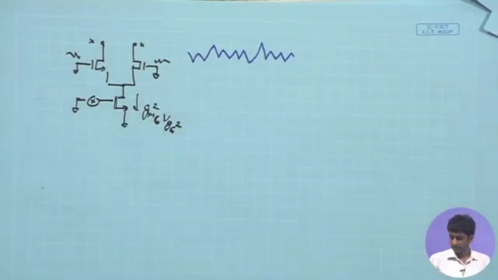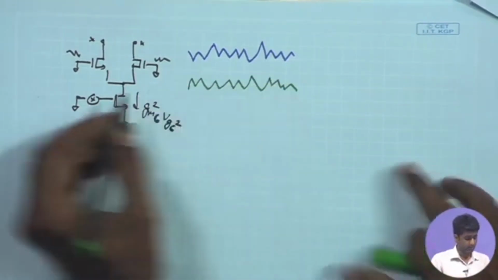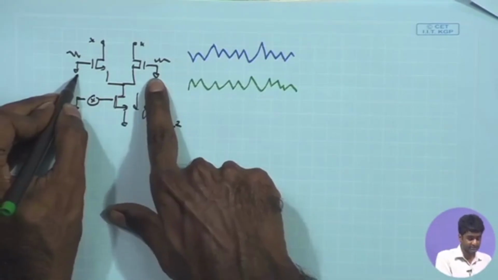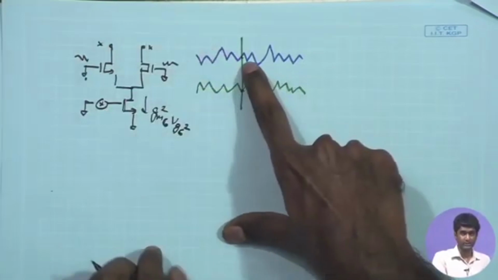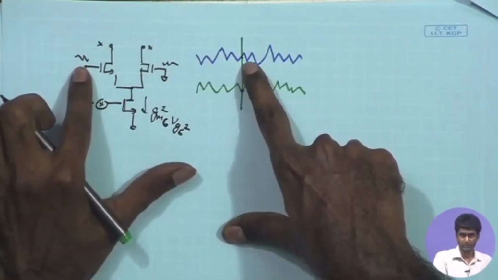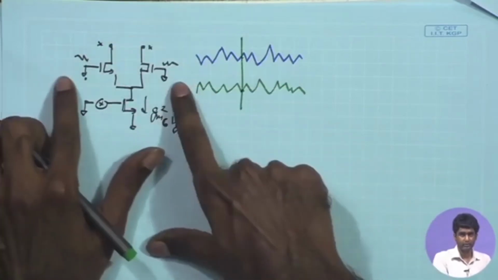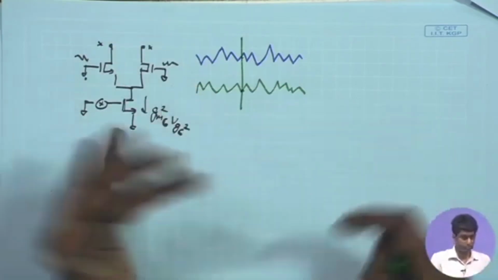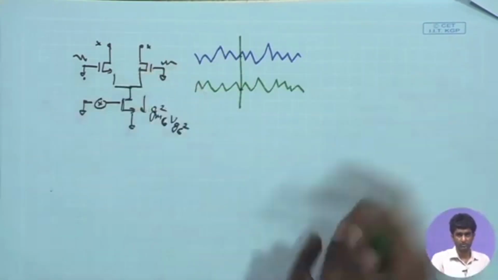And as a result, if I want to define the overall noise signal at any instance, we can find out what is the instantaneous noise voltage at the positive input, what is the instantaneous noise voltage at the negative input, and the difference of that gives you the differential input. So just like we do normally for a differential amplifier operation, any arbitrary signal can be broken down into common mode and differential signal.